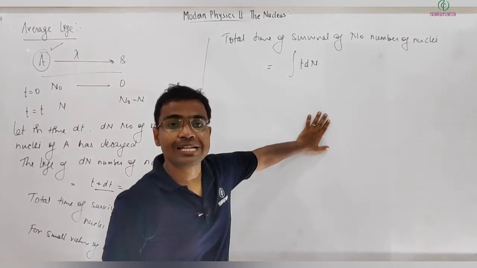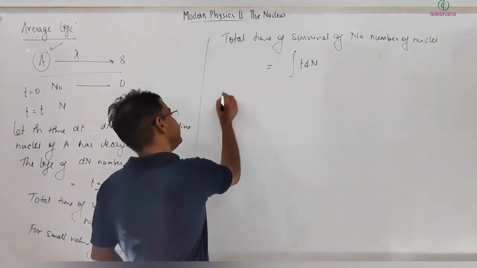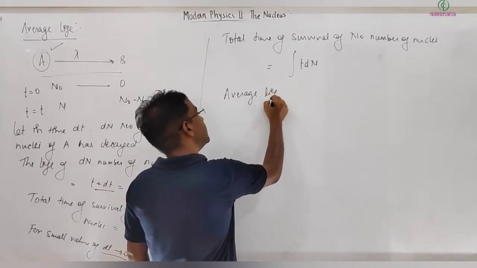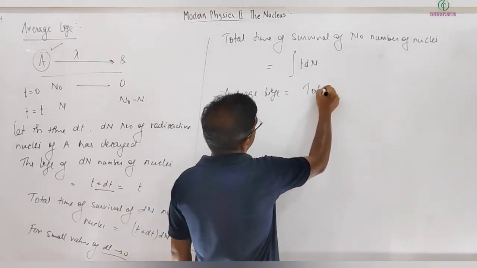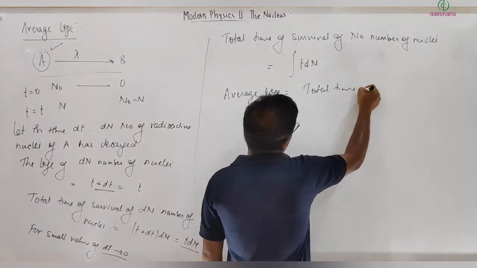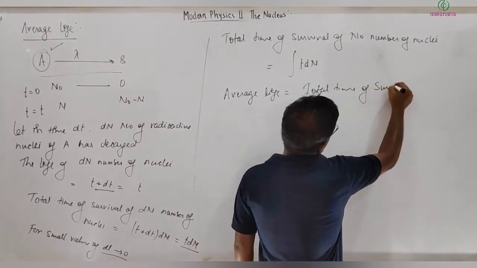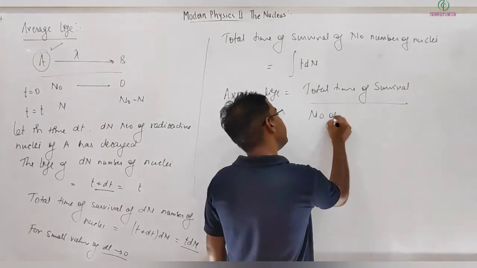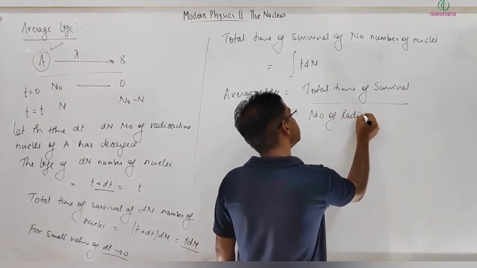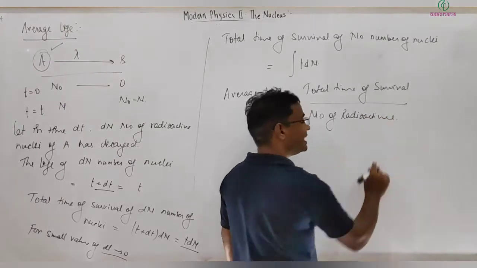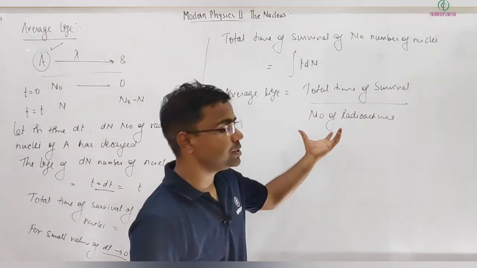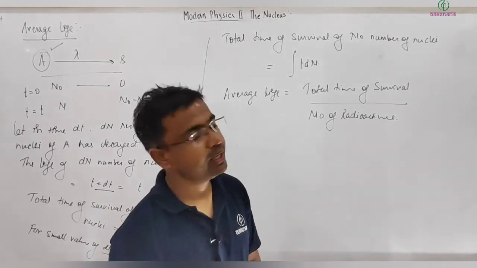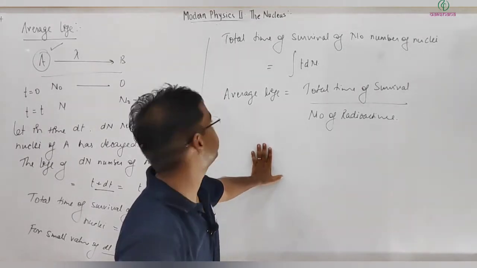Then what is the average life? Average life is equal to total time of survival divided by the number of radioactive nuclei. This is the duration for which on an average every nuclei is staying alive, and we call that average life, is it?